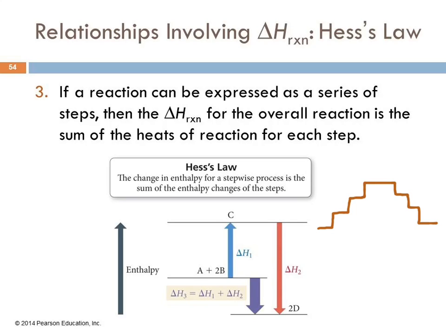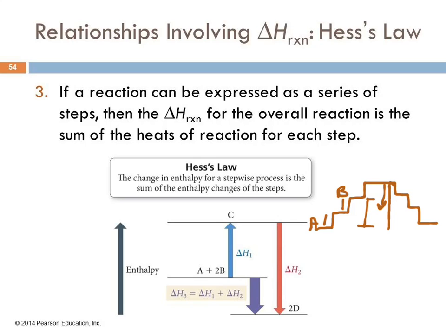So if we're starting here, let's call that A, and this is B, where we're ending up. We can describe this change in height as this change plus this change, right? Or it could be going up here and then coming back down here with a positive change and a negative change.